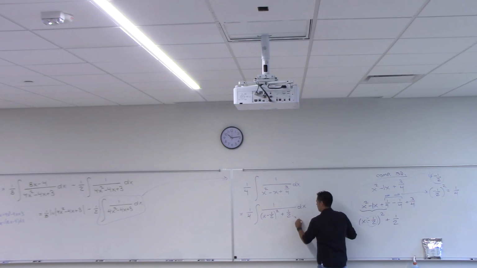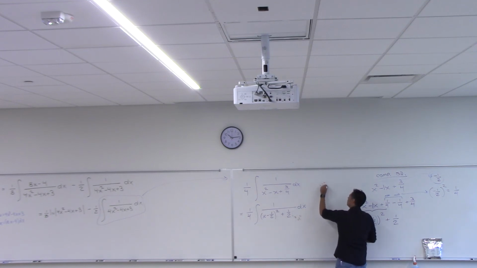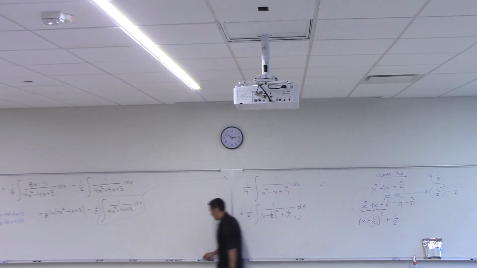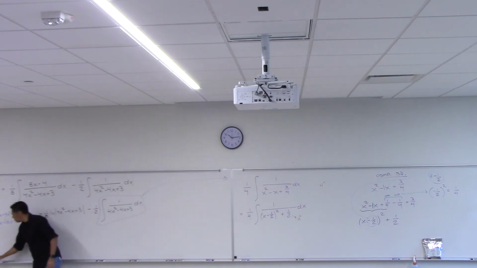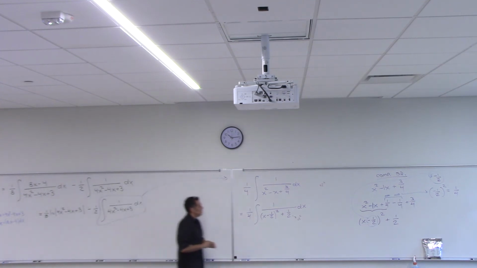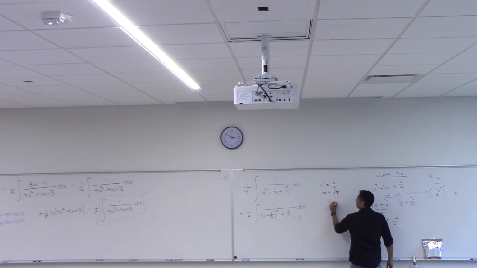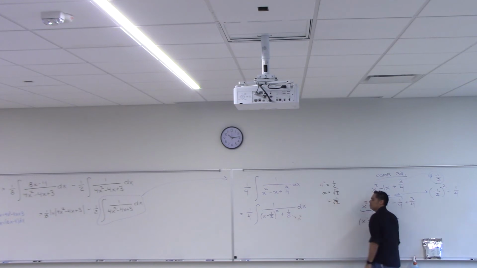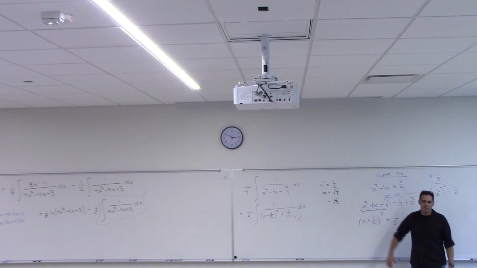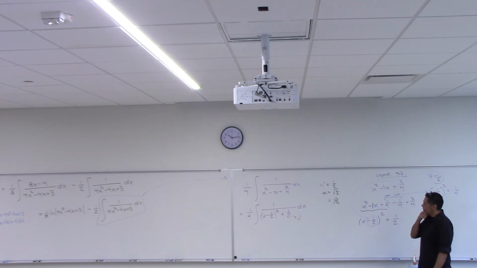If that's a squared, then a is the square root of that. So a squared is 1/2, so a is the square root of 1 over 2, which is 1 over root 2. You could rationalize, but I don't rationalize. So I think I'm ready for the formula.